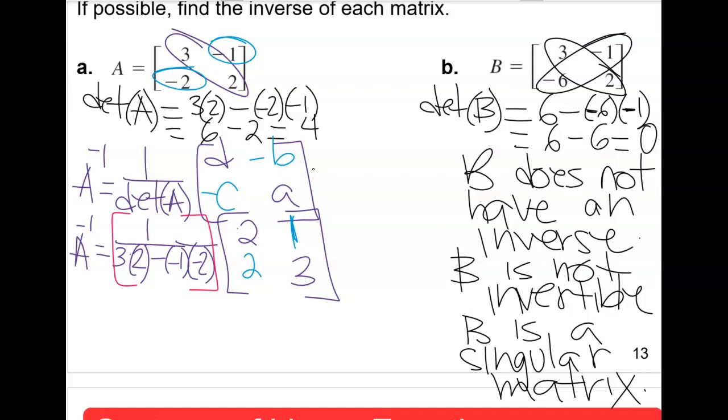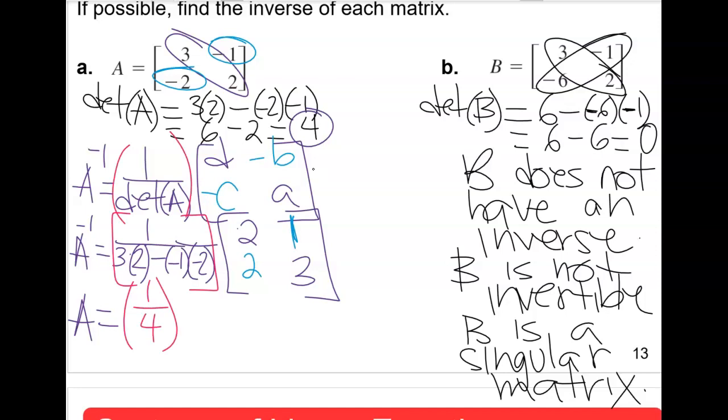And then we already know that the product we're going to get from the determinant is 4. We found it earlier, but we're actually multiplying by 1/4. Remember, it's the reciprocal of the determinant.